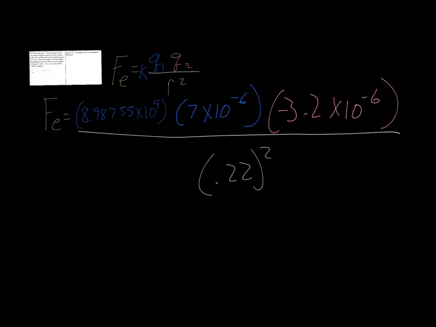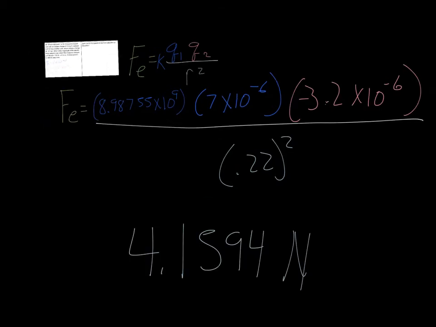So we found those. We're going to plug those into the equation, and this is what you see here. If you would note, whenever you get done with the math, it does tell you the correct answer in the practice. You should see here that we have a magnitude of 4.1594 newtons if we did an absolute value there.